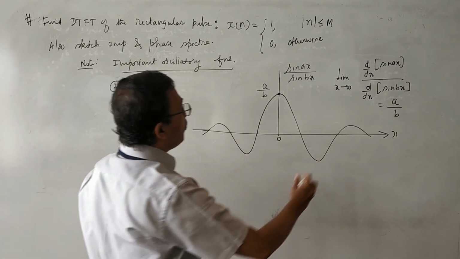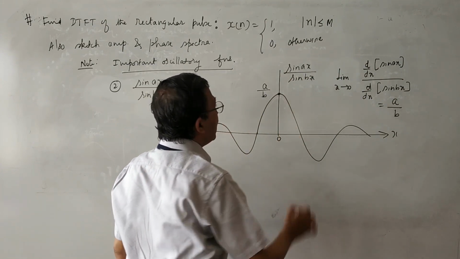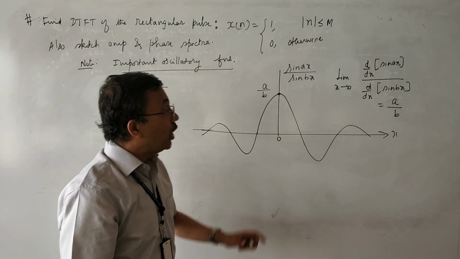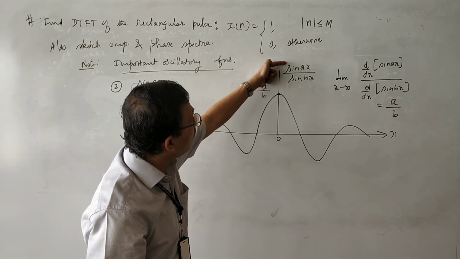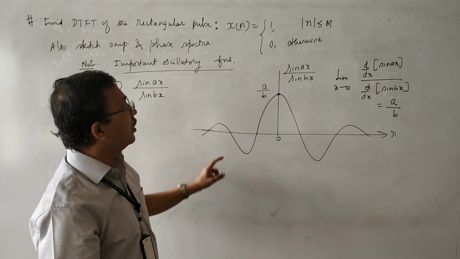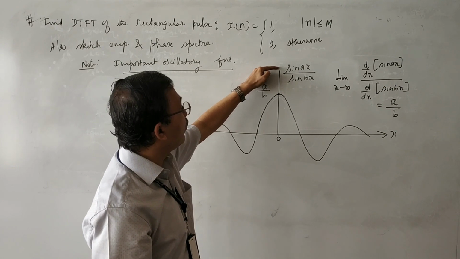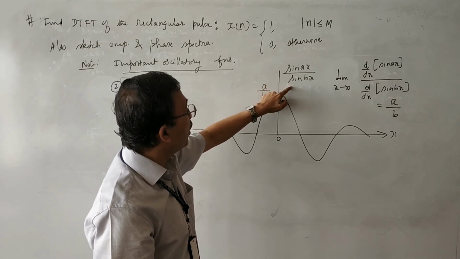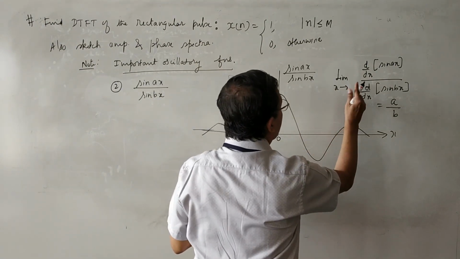By using L'Hospital's rule, I have found the value of sin ax by sin bx at x equal to 0. If you put x equal to 0, numerator will be 0, denominator will be 0, you get 0 by 0 indeterminate form. Therefore, we use L'Hospital's rule. We differentiate numerator with respect to x, differentiate denominator with respect to x, then take the limit x tending to 0.